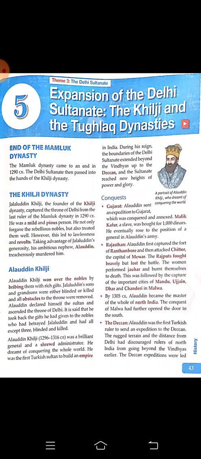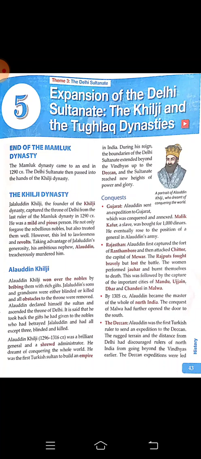He started giving different kinds of rich gifts to the nobles and started buying them, you can say. As Jalaluddin was killed, there was no other person to take over the throne. Whoever Jalaluddin's sons were, all were killed or blinded by Alauddin, so that Alauddin would become the next Delhi Sultan, and he successfully did it.